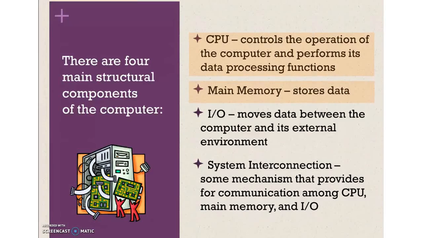The CPU controls the operation of the computer and performs its data processing function, often simply referred to as a processor. Main memory stores data. I/O moves data between the computer and the external environment. And finally, system interconnection is some mechanism that provides for communication among CPU, main memory, and I/O.